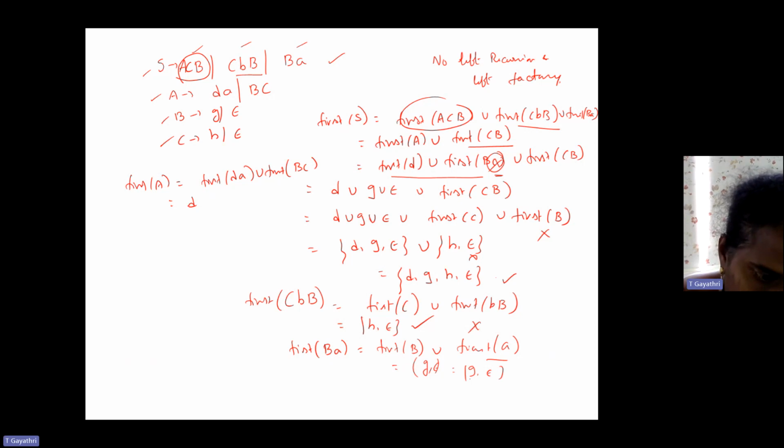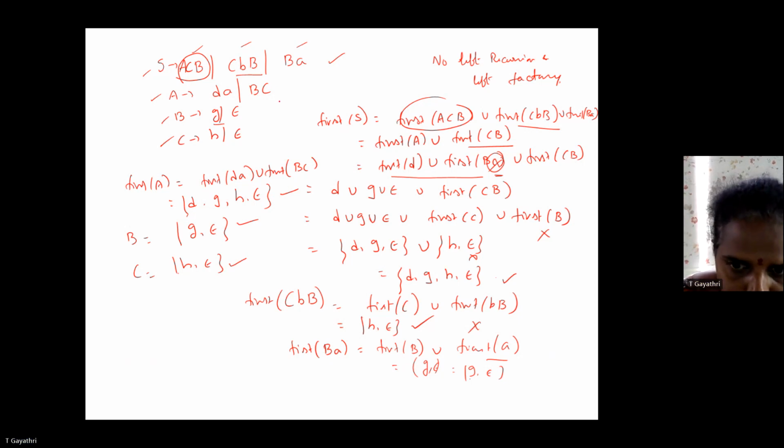So next one we can write as first of B. One production is g, and for C, h, having epsilon. Okay, and next first of B, that means g, epsilon. C, h, epsilon. Okay, so here that is the first of A values, B values, and C values.